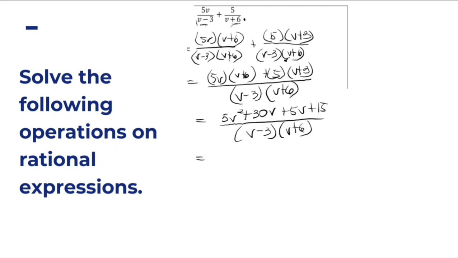So simplify your numerator by combining like terms. We have 30v and 5v. So you'll have 5v squared plus 35v plus 15 all over v minus 3 times v plus 6.